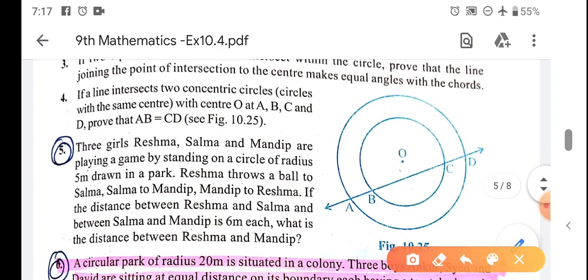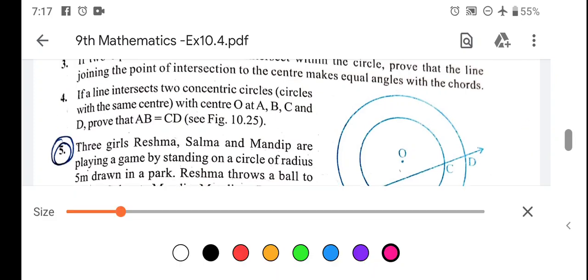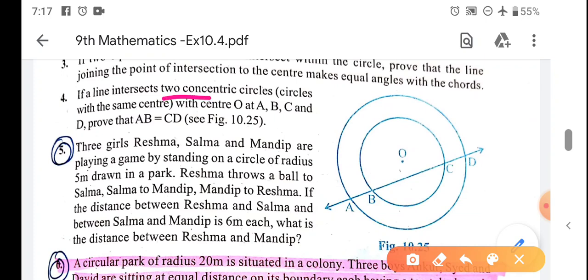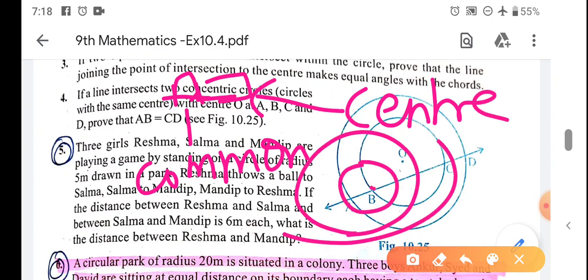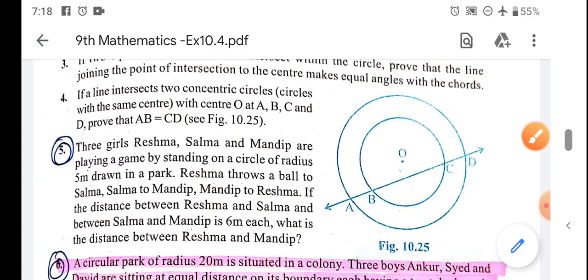Firstly, understand the meaning of concentric circles. Concentric: co means common and centric means center. So two circles in such a way that their center is common are known as concentric circles.